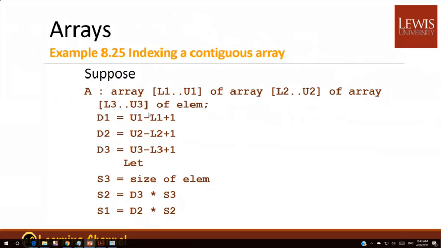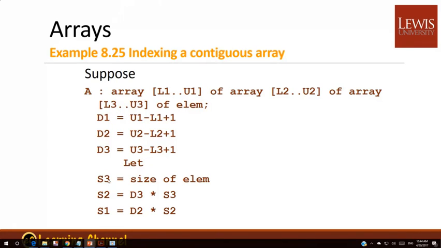Then we can determine the dimensions. Dimension 1 is U1 minus L1 plus 1. This is the total number of elements in the first level array. The second level array is U2 minus L2 plus 1. That's dimension 2. And then we have dimension 3.